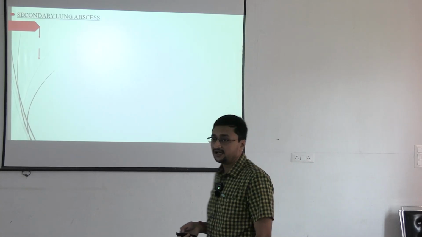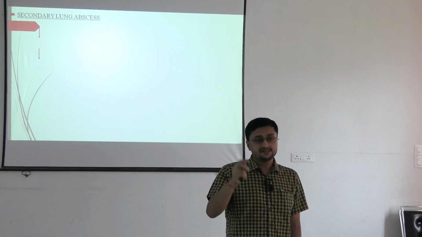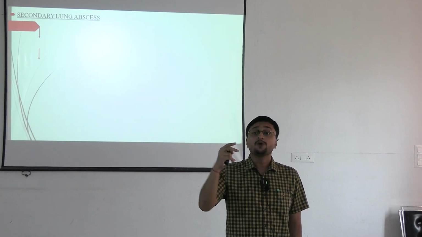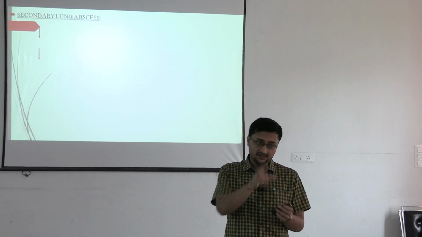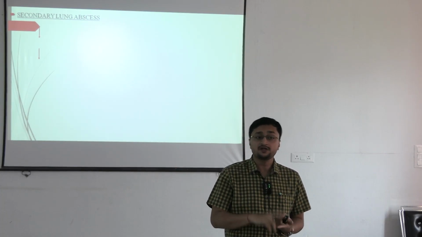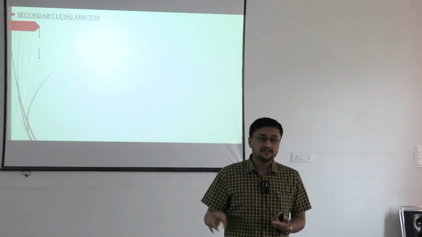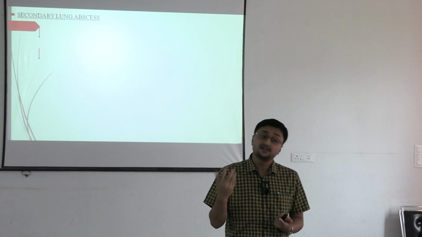Now secondary lung abscess, some idea of the pathophysiology. Secondary lung abscess is due to obstruction, post obstruction. There is a connecting bronchus, and an obstruction of that bronchus by foreign body or tumor leads to stasis of the secretion.